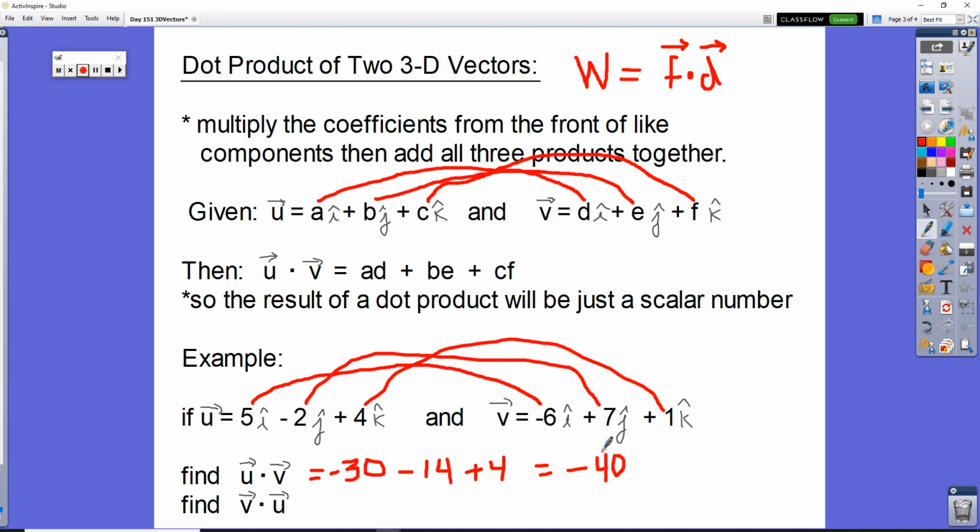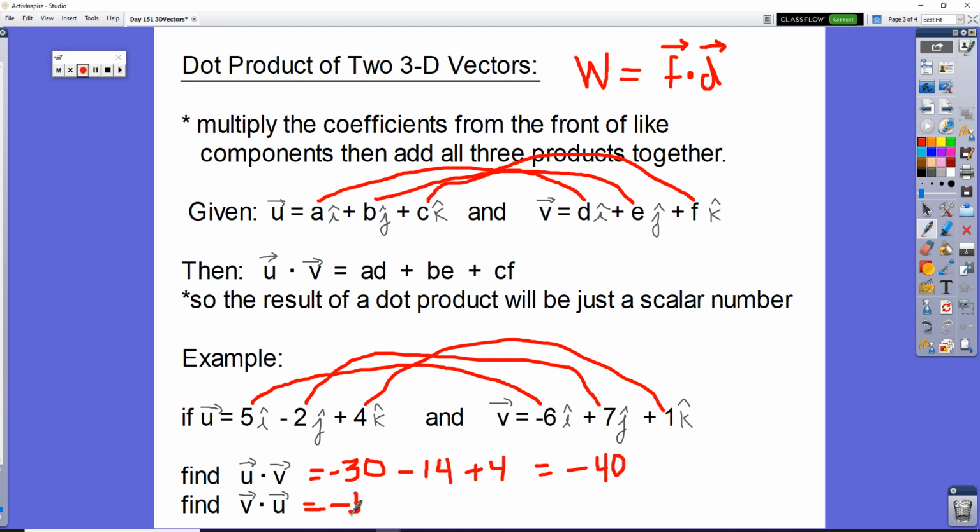Now, one thing that I want to point out to you about this particular kind of product is we're going to test its commutativity. In other words, let's see what happens if we put the vectors in a reverse order. What's interesting about this kind of multiplication is when you put the vectors in a reverse order, that means you're taking the number from in front of v's i component first, and the number from in front of u's i component second, you're still getting negative 6 times 5, which is still negative 30.